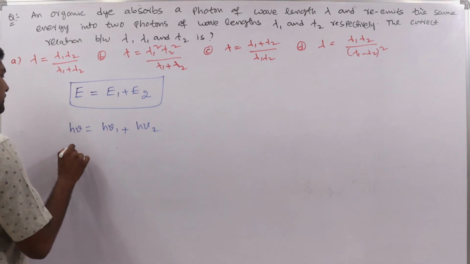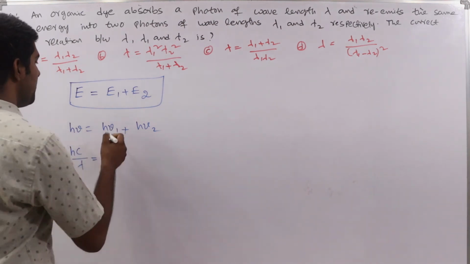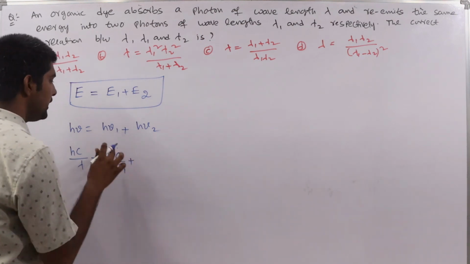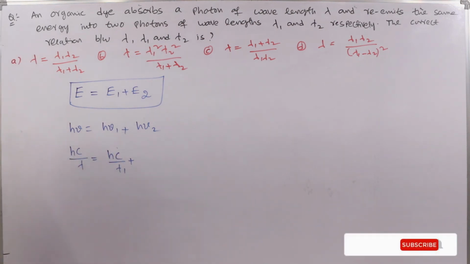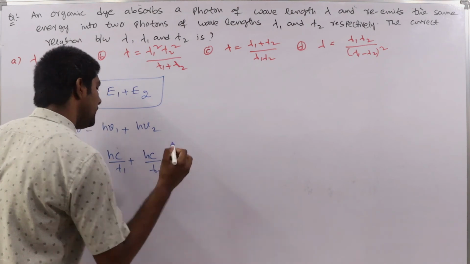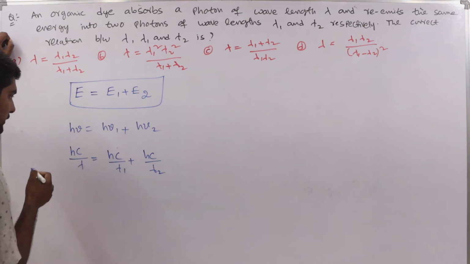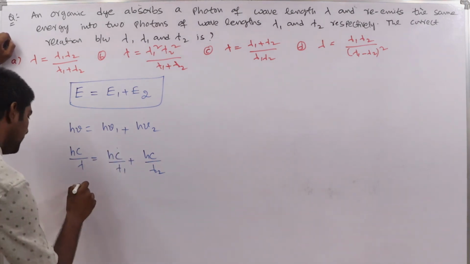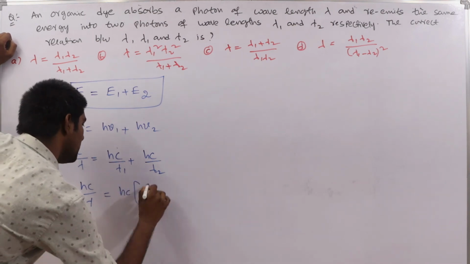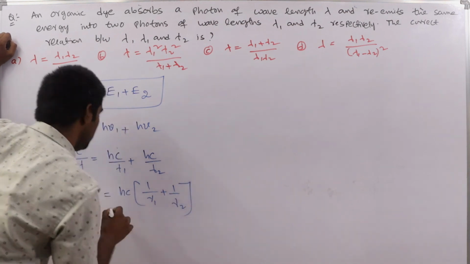So we can write this as h c by lambda equal to h c by lambda 1 plus h c by lambda 2, because c is a constant, the velocity of light. Here h c is common on the other side also, so I will write one more step: h c is common, times 1 by lambda 1 plus 1 by lambda 2.